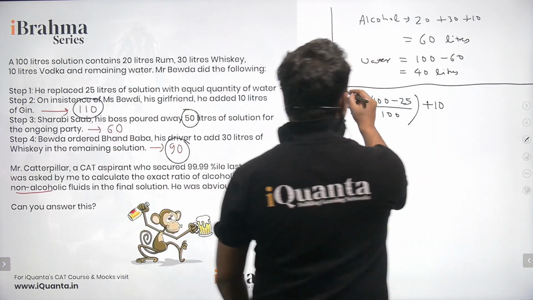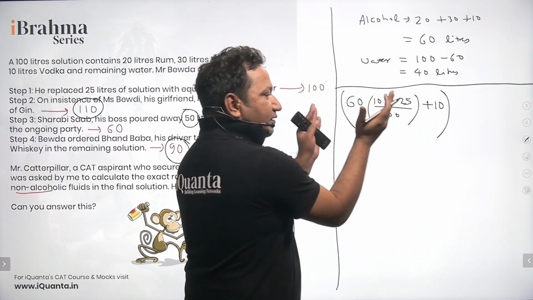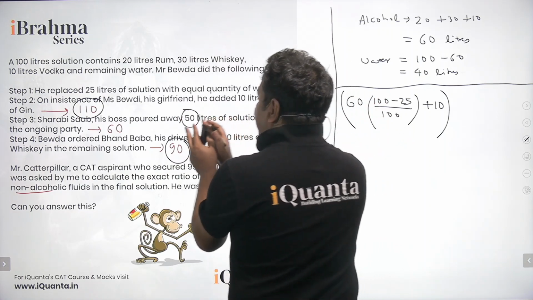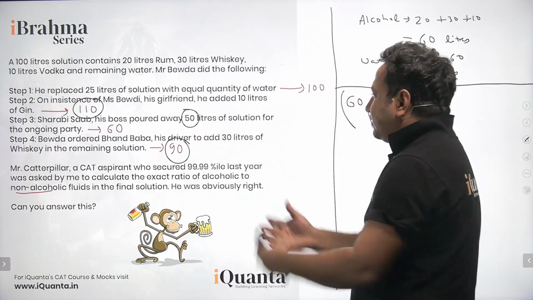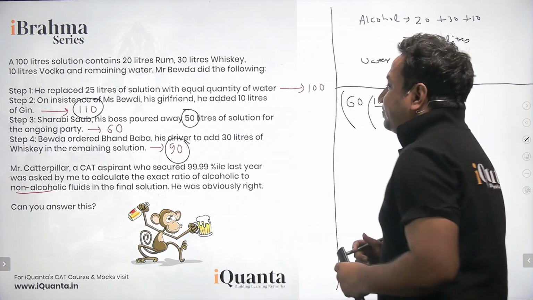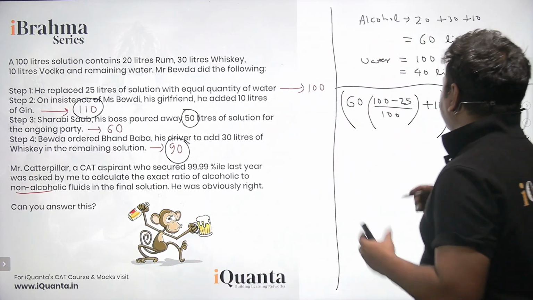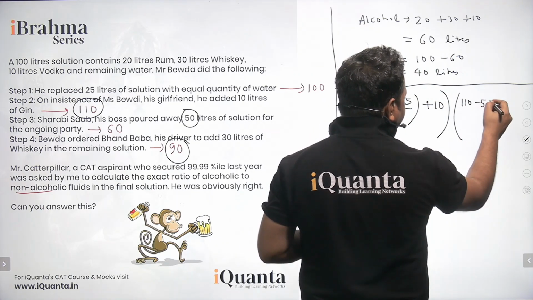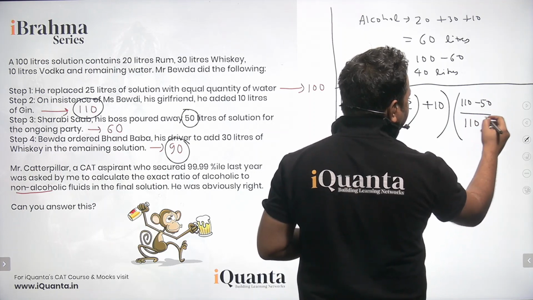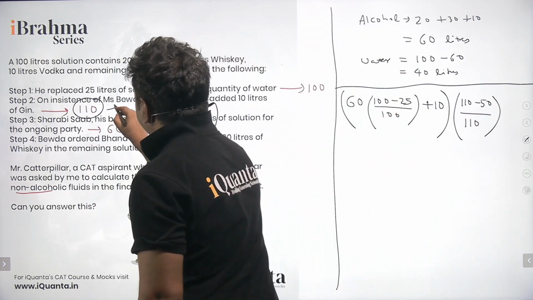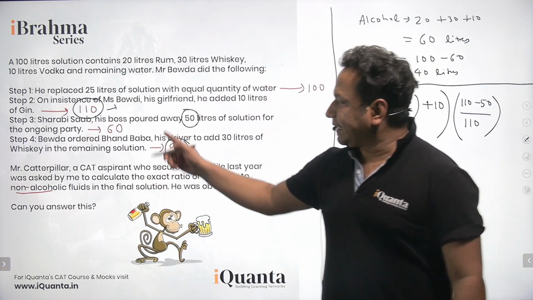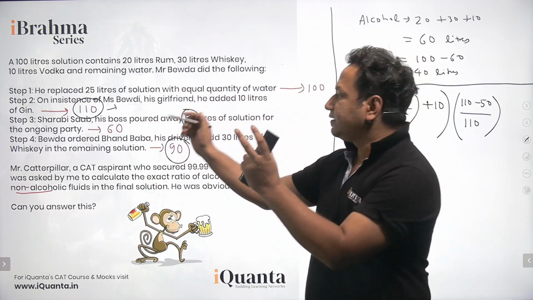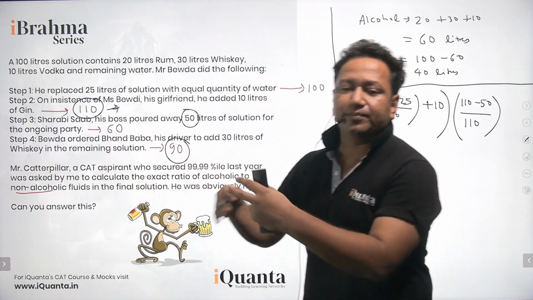That means if I keep this inside a bracket, this bracket means the quantity of alcohol remaining after step 2, and in step 3, 50 liters has been removed. Now, what does that mean? That the remaining quantity will be 110 minus 50 whole upon 110, because here we had 110 liters of final solution. So at every step, we'll assume the final quantity as the final quantity in the previous step.